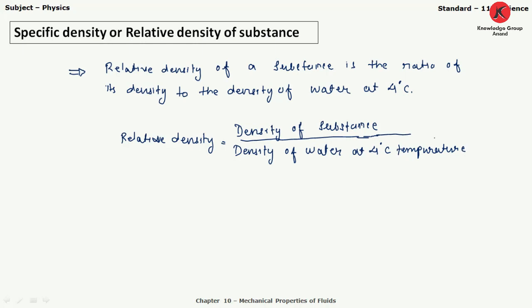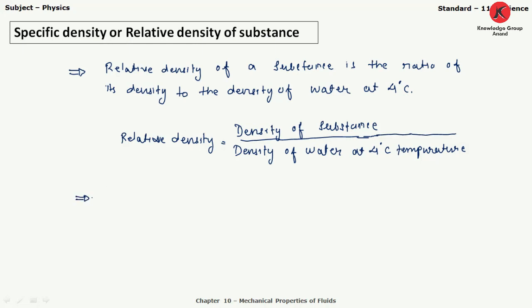So ultimately the specific density or relative density is the density of a substance with respect to the density of water at 4 degree temperature. Keep in mind. Let's take one example.